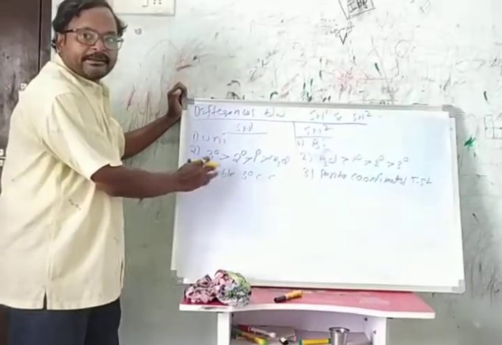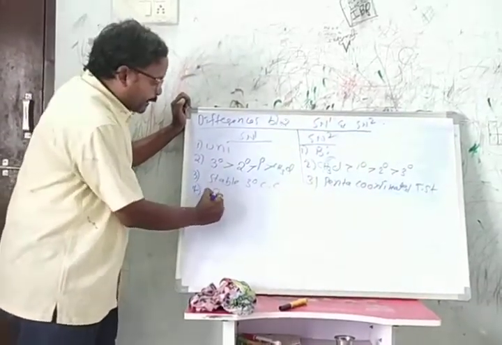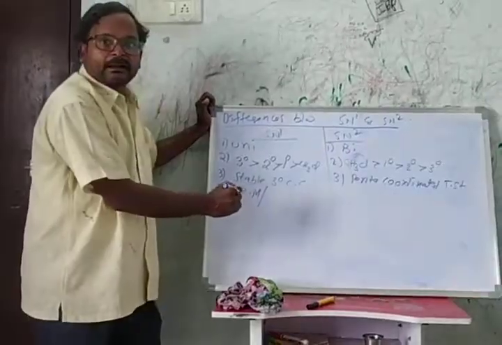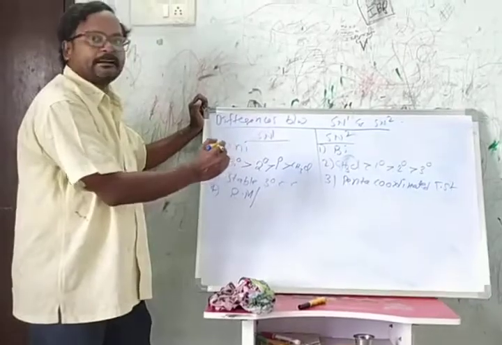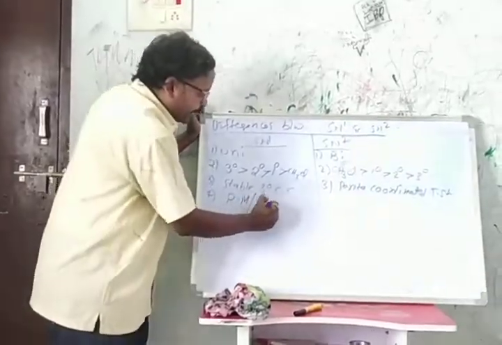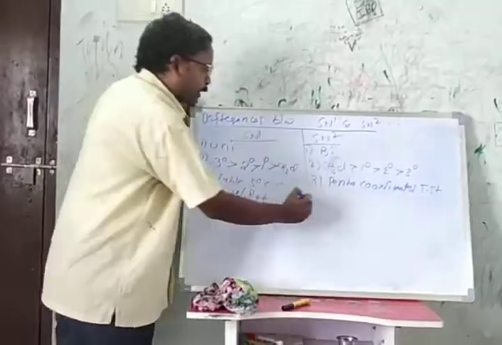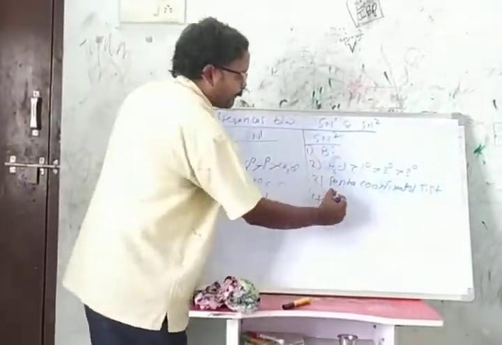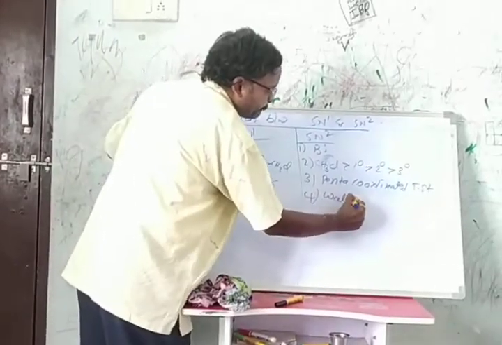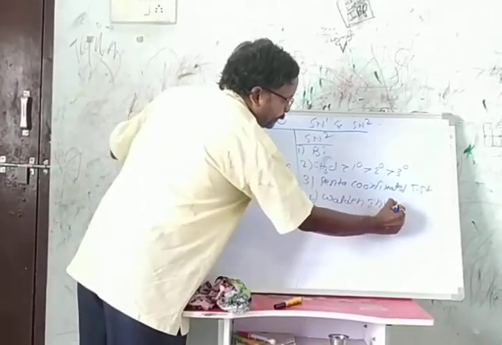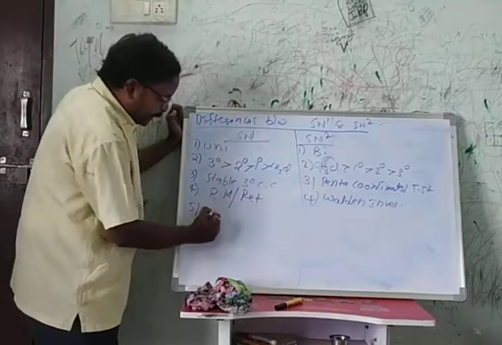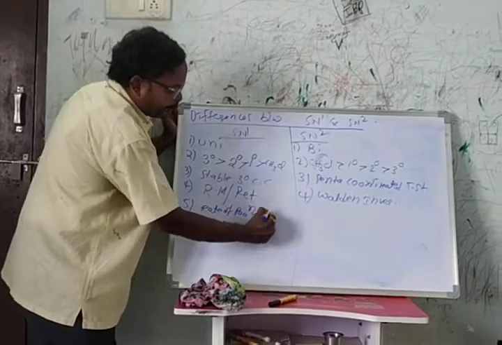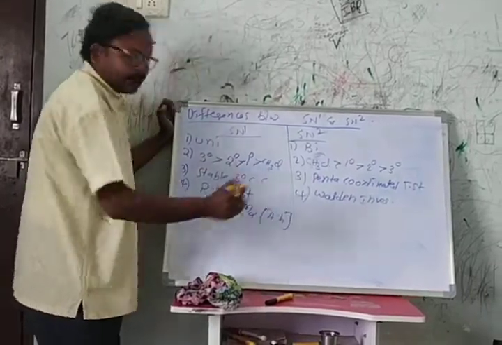In SN1, if you take a chiral carbon atom, we get a racemic mixture as product; if you take a chiral tertiary alkyl halide, we get the retention product. In SN2, if you take a chiral molecule, we get only the Walden inversion product. For SN1, the rate of reaction is directly proportional to the concentration of alkyl halide.